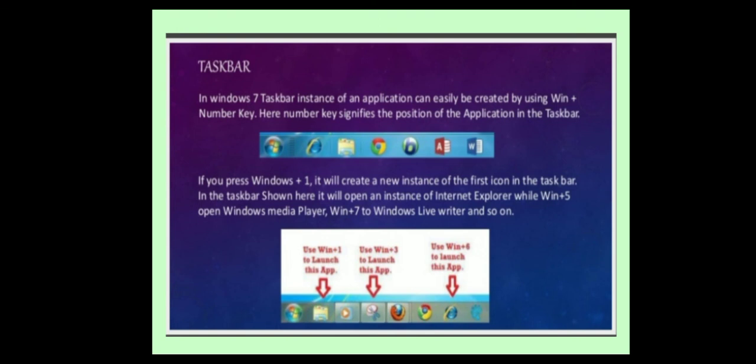If you press Windows +1, you will create a new instance of the first icon in the taskbar. That means when you press Windows +1, the first application on the taskbar launches. Launch means open. When you press Win +2, the second icon of the taskbar opens. When you press Win +3, the third application on the taskbar opens. So the taskbar performs a very important role when you use a computer and any application.